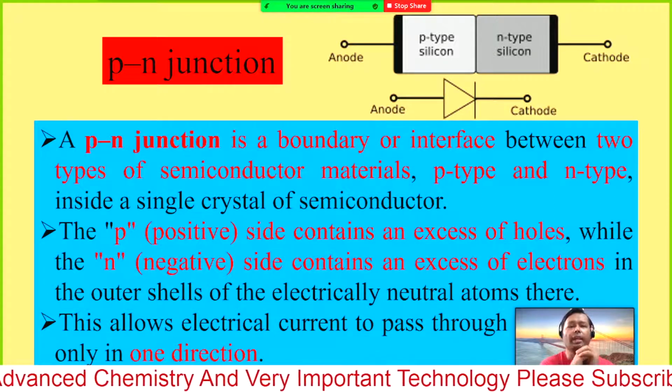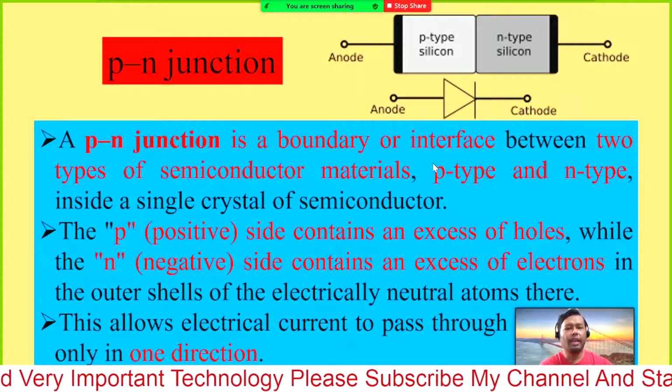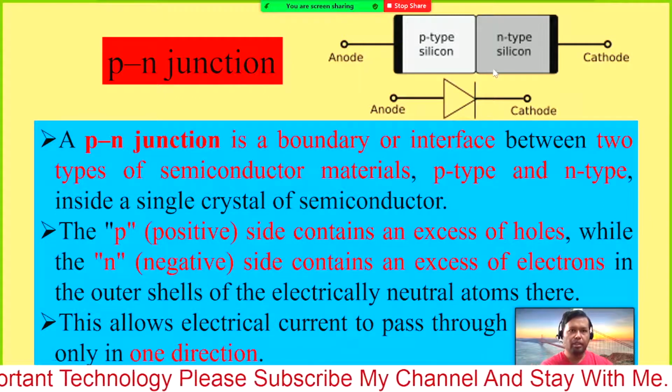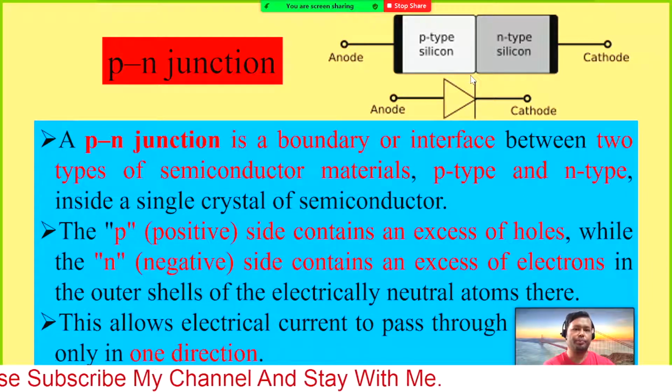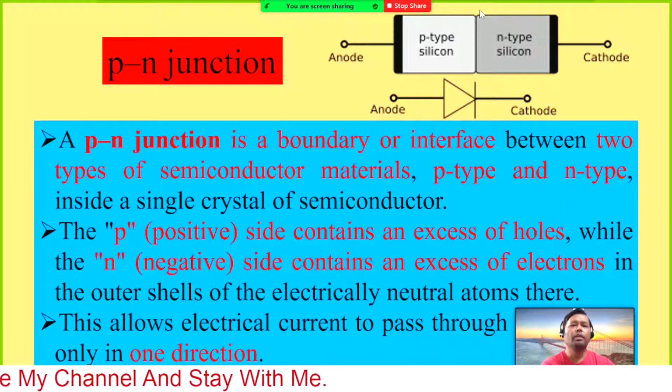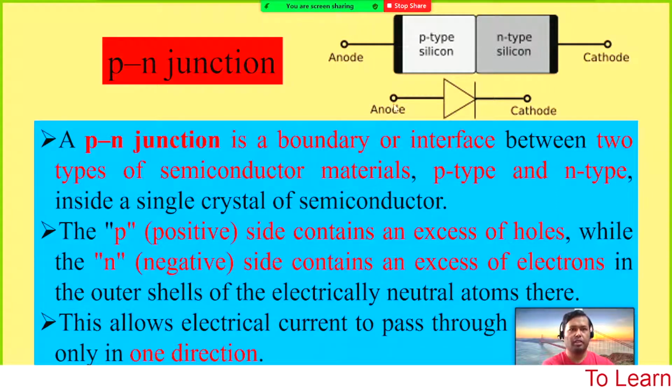The p-n junction is a boundary or interface. This is an imaginary boundary, not an actual one. A p-n junction is a boundary or interface between two types of semiconductor materials.